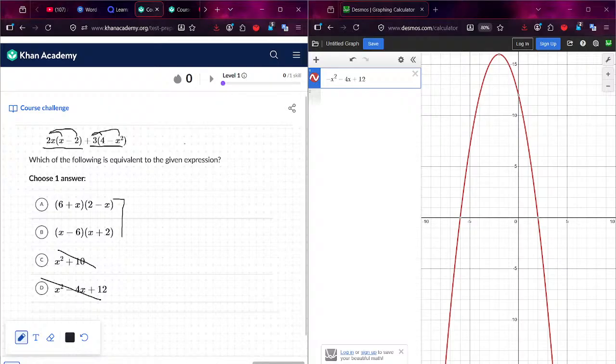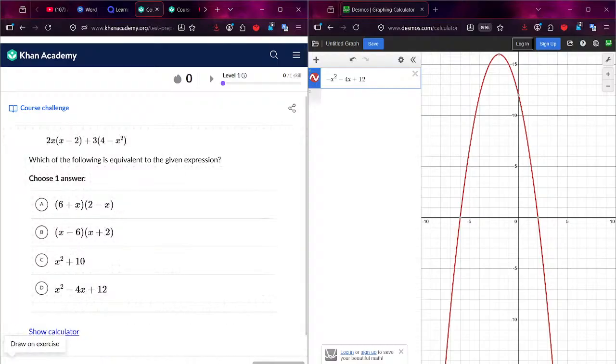Because these two, we need to determine what it is. We might actually not need to FOIL it, because in this case, when you multiply this, the first term was x squared, and we know that our first term is negative x squared. But if you see here, the last term is going to be negative x squared. So the answer is going to be A.